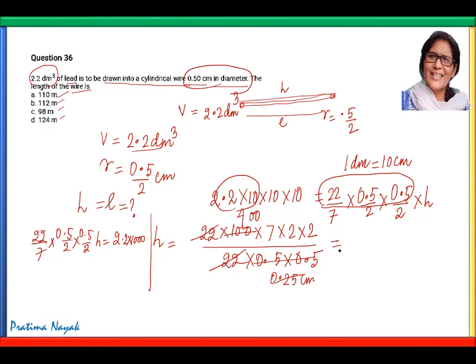Now you multiply. How much will it be? It will be 7, 2 4s are 4, 4 4s are 16, 112, 100 centimeter. But how much in meter? It will be 112 meter. So what is the answer? B is the answer.